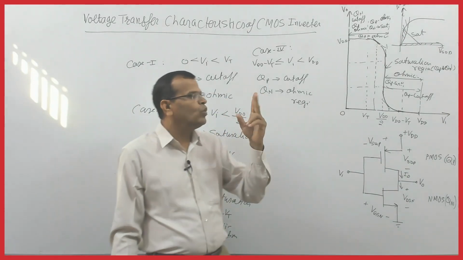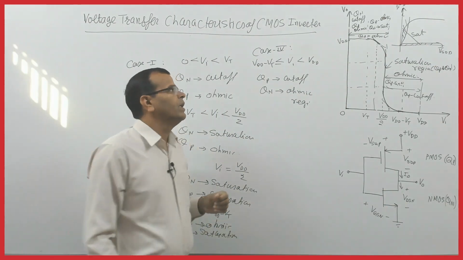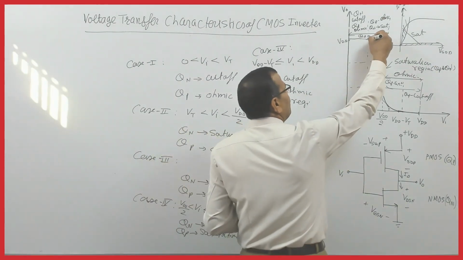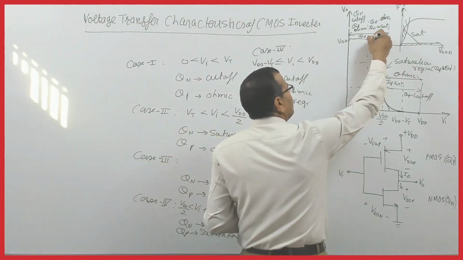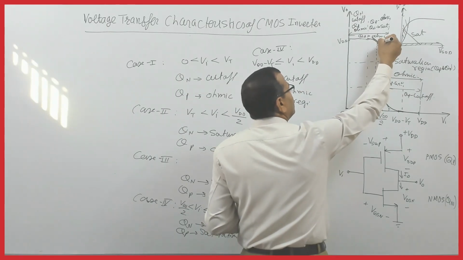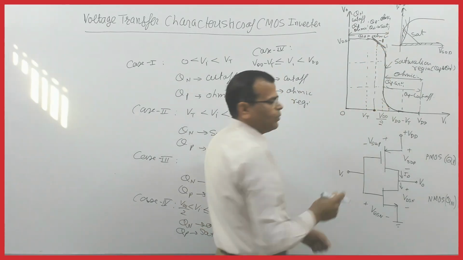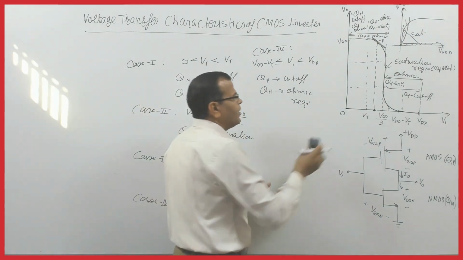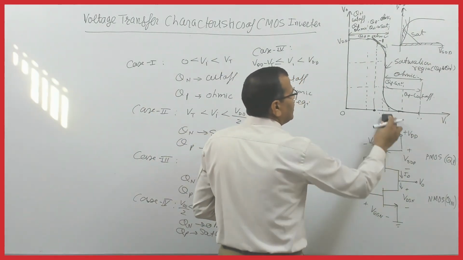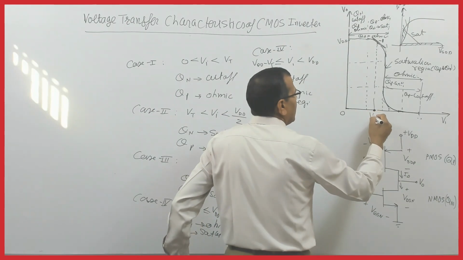But there are two important voltages here. Remember, there is one point where if you draw the slope, that slope is -1, and that input voltage on the characteristic is known as VIL.